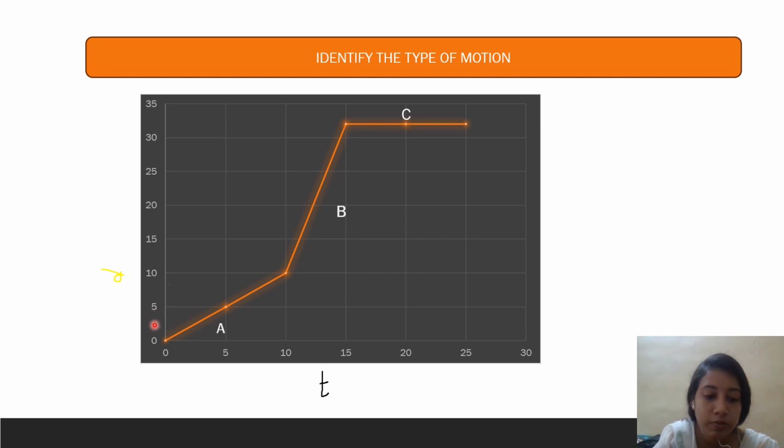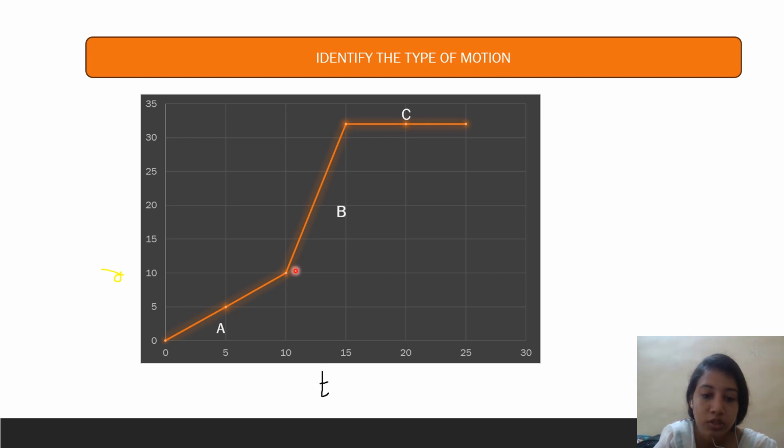The difference between 0 and 5 is 5 meters, and again the difference between 10 and 5 is 5 meters. So for every 5 seconds it has covered 5 meters of distance, and we can say that from 0 till 10 seconds the body is in uniform motion.